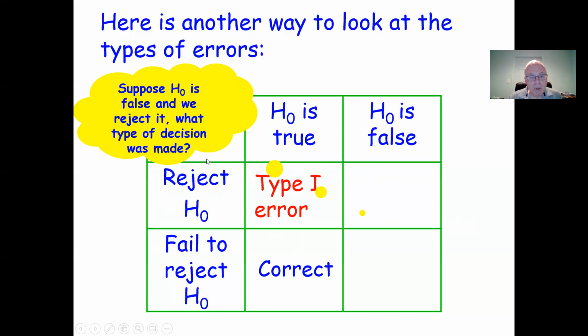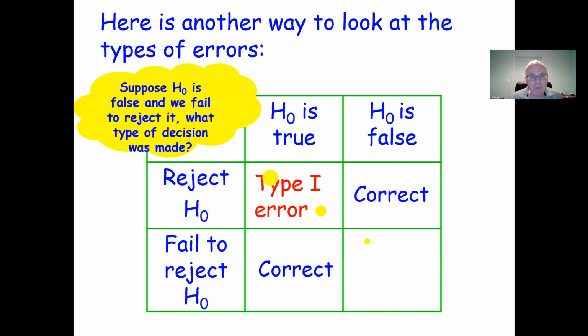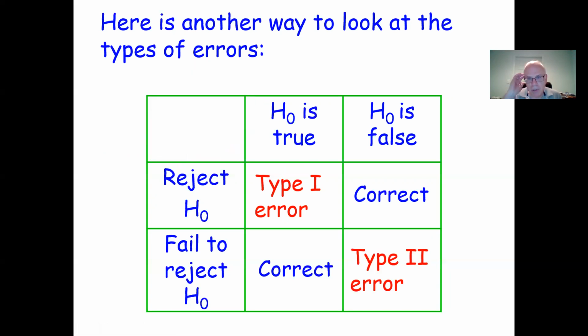Okay. And suppose in the statistical test, we reject the null hypothesis. Well, we didn't make any mistake in this case, right? We rejected it, and it's actually false. So that's a good thing. We made a correct decision. And finally, if H naught is false and we fail to reject the null hypothesis, then we made that type 2 error. All right, so this is our little box here that helps us determine whether we made a type 1 or type 2 error.